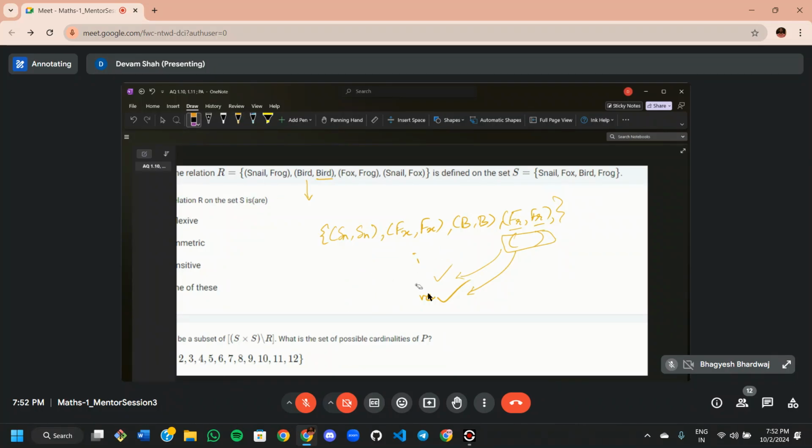So is every symmetric relation transitive also? Let's take one like this. Now, for example, this is symmetric. No, it's not symmetric. There should also be this.